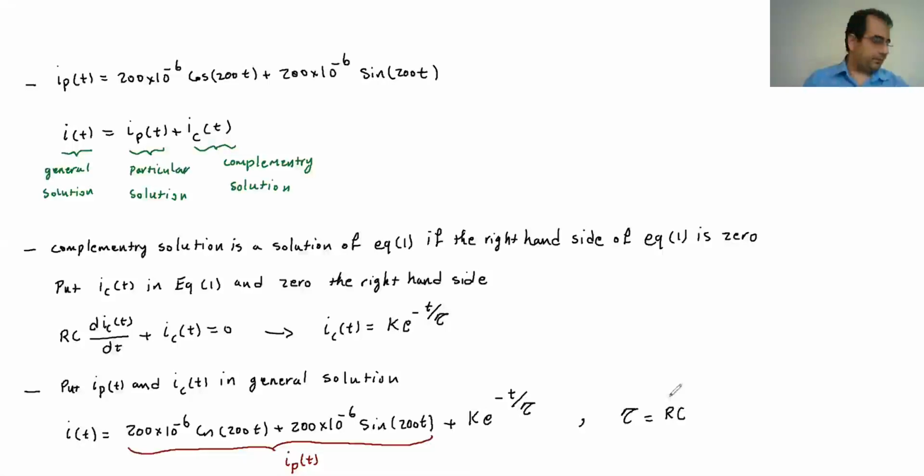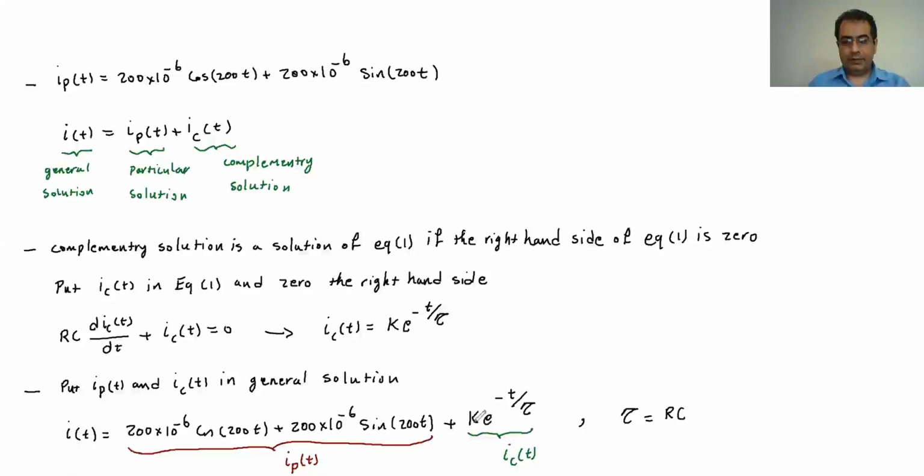If it was an RL system, it would be L over R, as we discussed before. So this is the RC system, and this part is i_c(t).